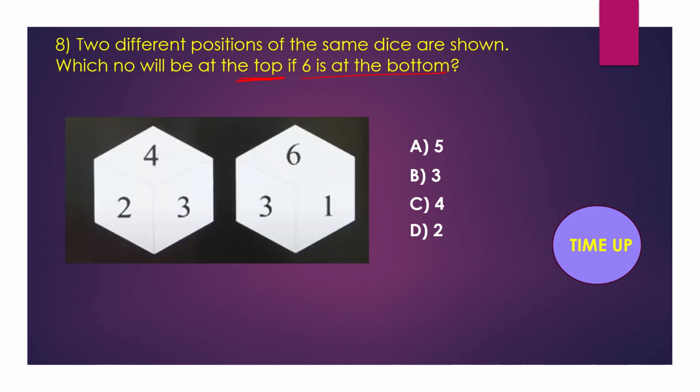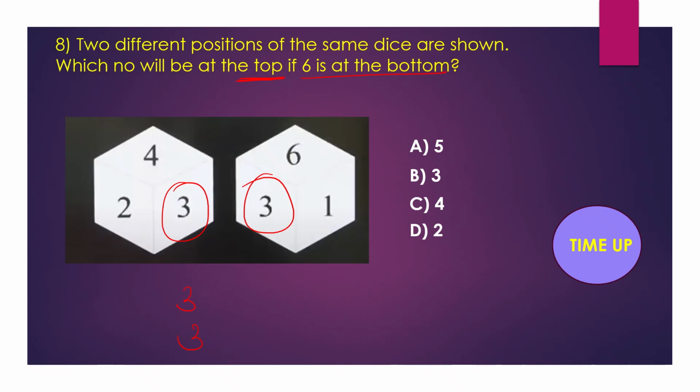So basically they have asked what is the opposite of 6. Here, first thing you need to see is how many faces are common in both the dice. One face is common, that is 3. Correct? When only one face on a dice is common, go in the clockwise direction. So write the common face 3 in both the dice.